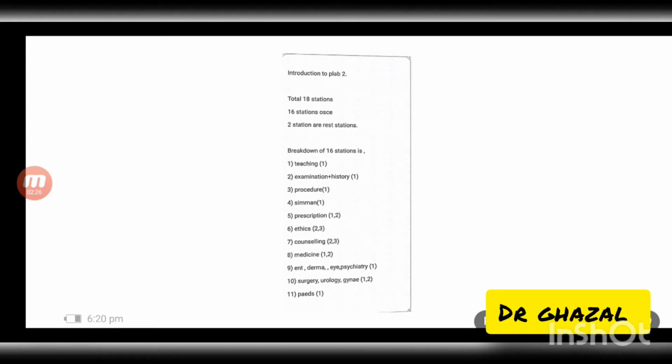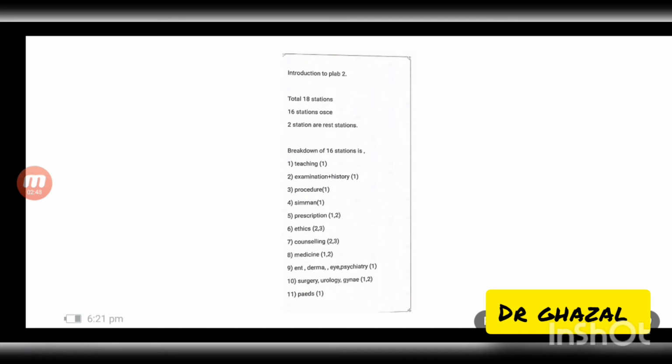Now, all those 16 stations will not be ones where you will be talking to the patient completely. There are 3 to 4 categories in which these stations are divided. There will be a few stations where you will be taking a detailed history of the patient and then telling the management. There will be a few stations where you will only be breaking bad news or a bad diagnosis to the patient or the patient's relative, and you will be dealing with that situation.